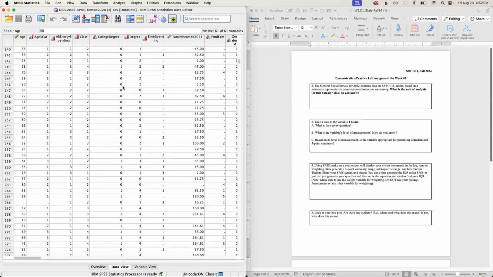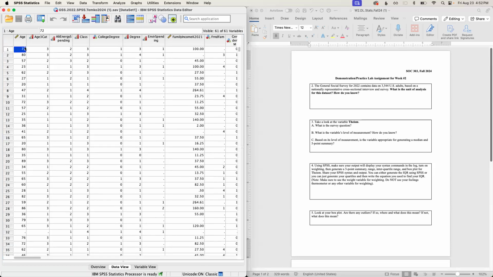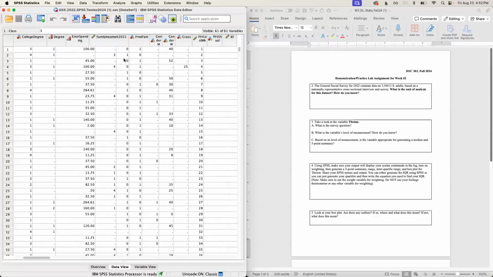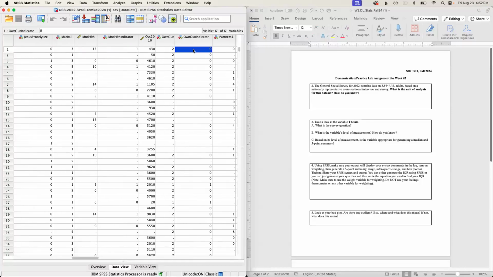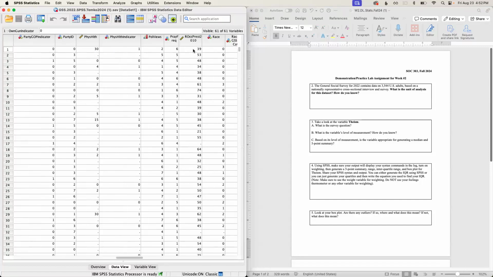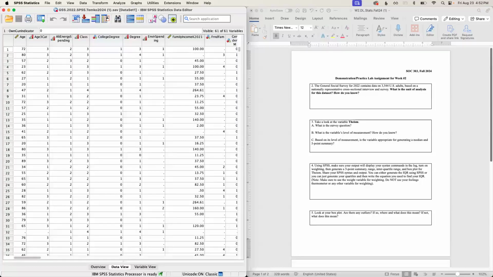For this case, for example, we know there's an age of 72, a class of 3, we'd have to look at the code book to see what they mean, a family income in 2021 of $100,000, and they don't own a gun, etc. So what is this case? Each of these cases, what are they? They're individuals.